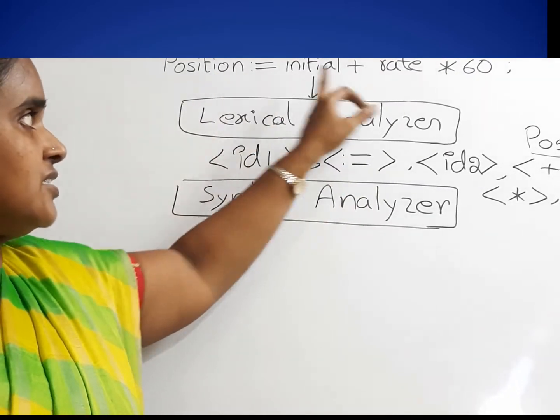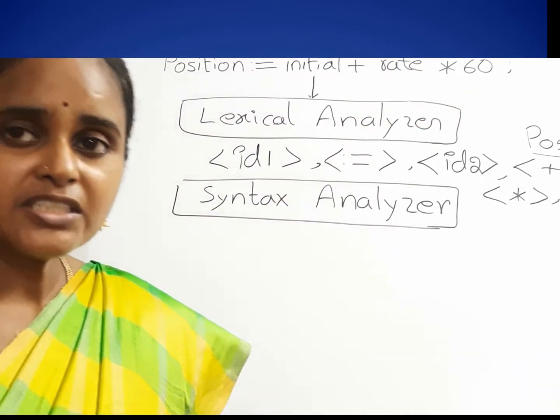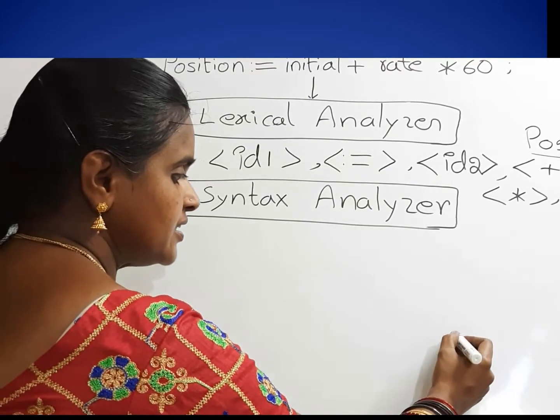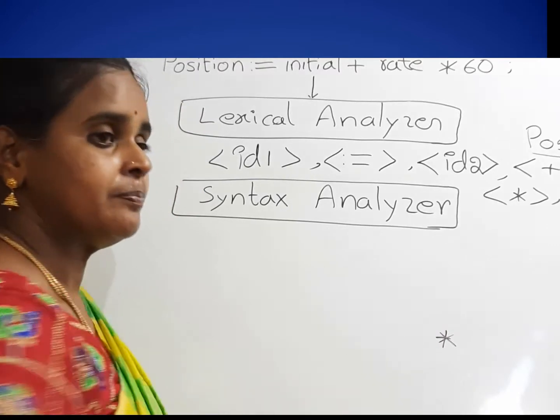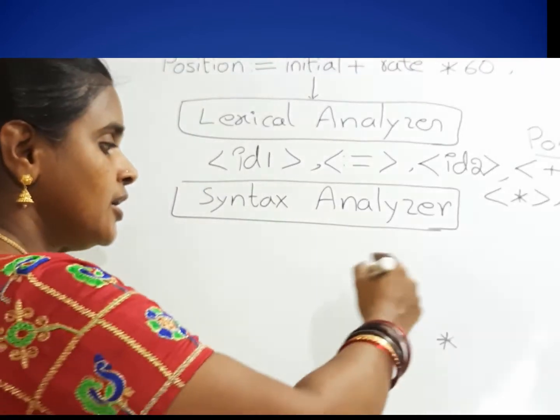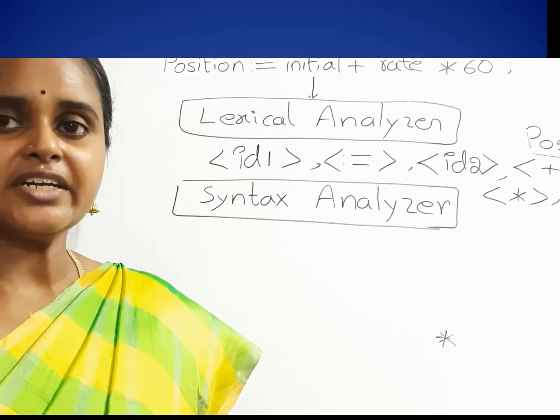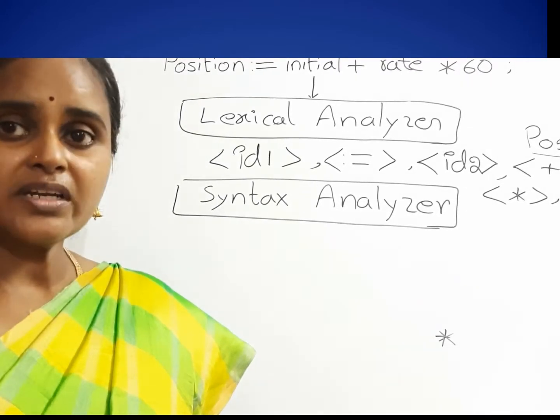See here in this entire expression, what is the operation that is going to happen first? Yes, you know very well, that is a multiplication operation. Multiplication is performed on two operands: one is 60 and another is rate.